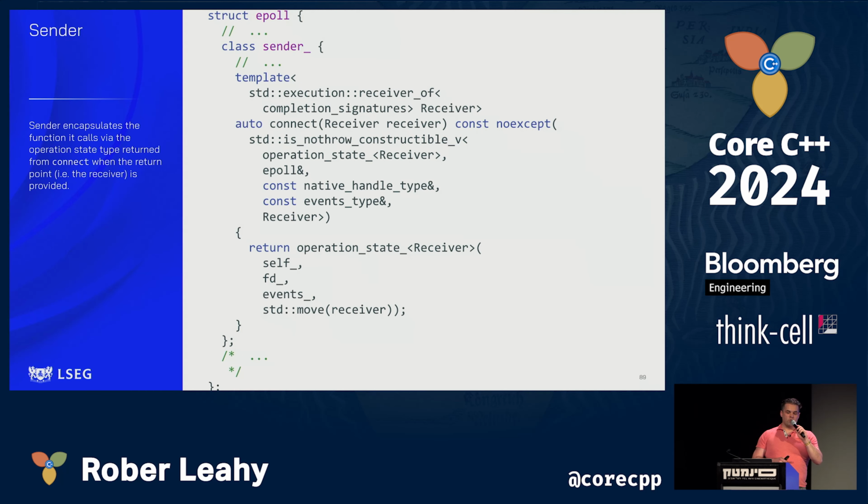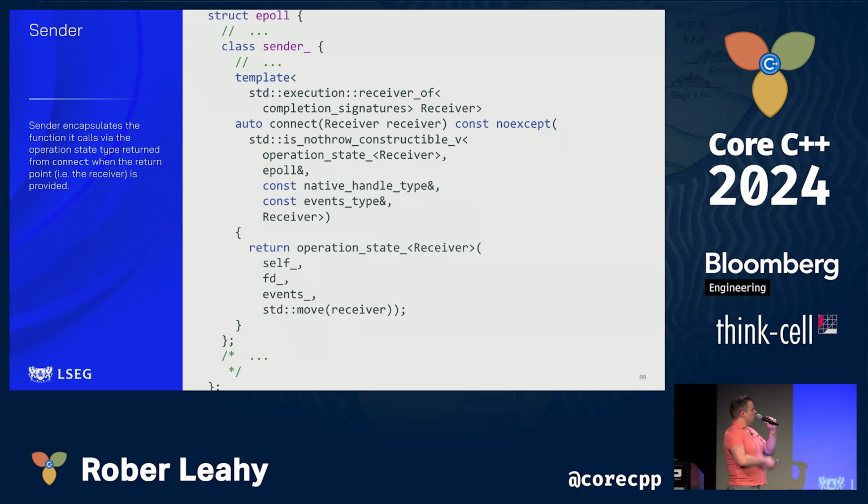Which brings us to the purpose for which senders exist: being connected with receivers. We implement connect with an appropriately constrained member function, stamping out an appropriate conditional noexcept, and then finally returning the operation state. But not returning the operation state casually. No, we are very careful to return the operation state in a way that benefits from C++17 guaranteed RVO.